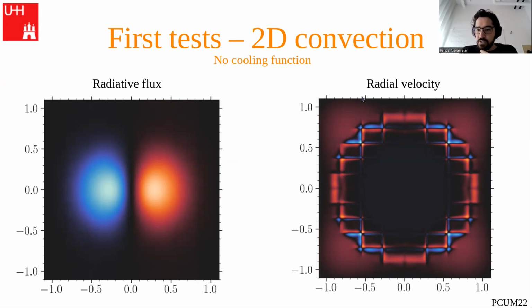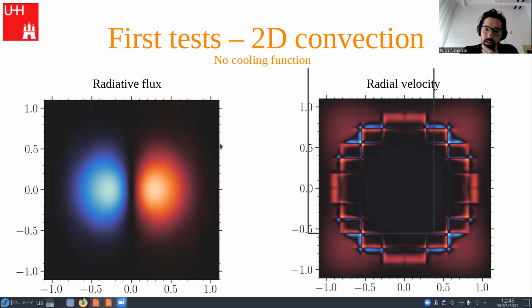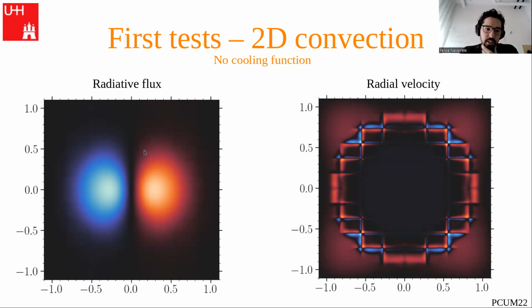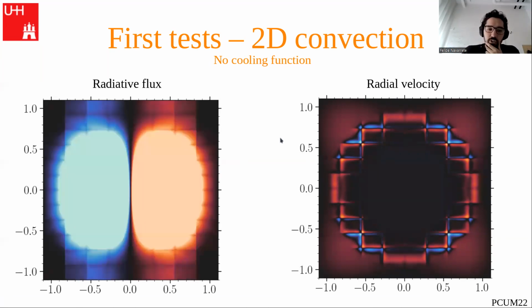The radial velocity looks completely wrong, and this pattern is strongly imprinted on the flows. It might seem that the radiative flux is fine, but if you increase the contrast here, it is also very clear that there are some issues.